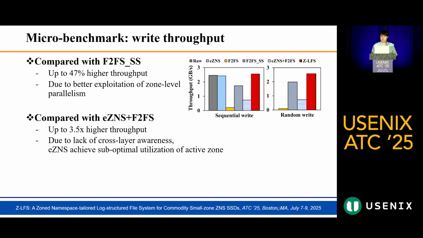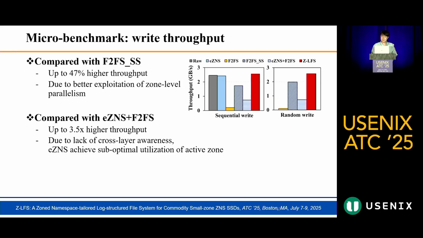Specifically, eZNS does not consider the write intensity of each log stream and allocates a nearly equal number of active zones to all streams. As a result, eZNS with F2FS fails to fully utilize the resources of small zone ZNS SSDs. In contrast, Z-LFS is aware of write intensity of log streams and allocates more active zones to those streams.